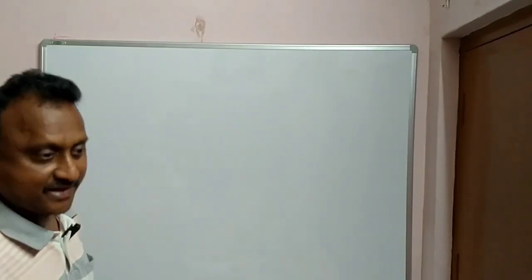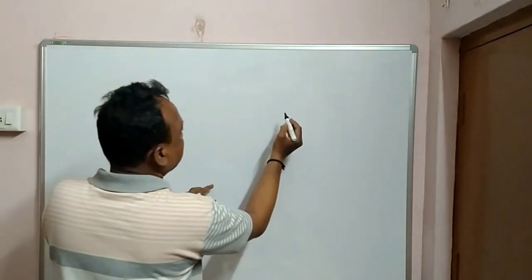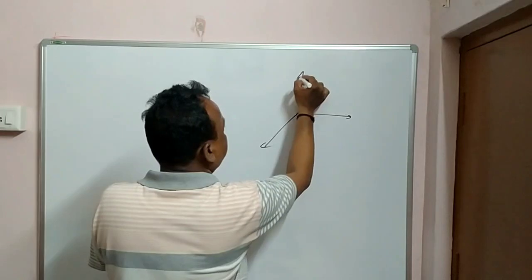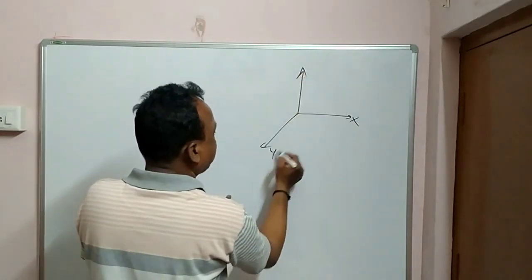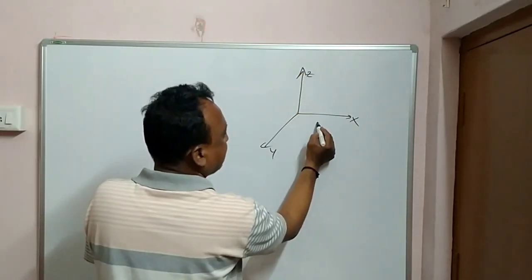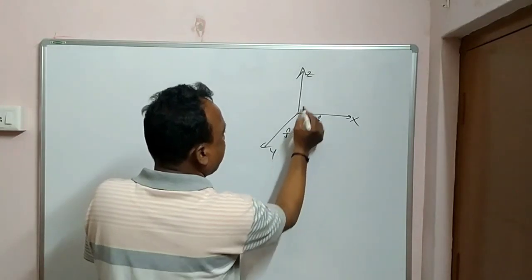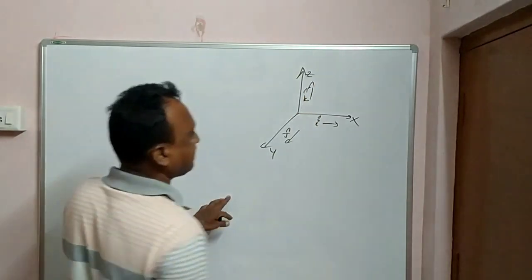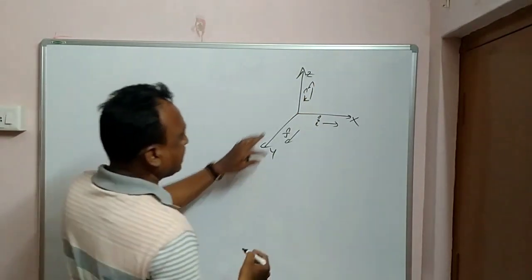Now let us see the properties of cross product. Just like the dot product, the cross product also has some properties. For example, this is x, y, z, and i cap, j cap, k cap. These are the unit vectors along the x direction, y direction, and z direction.